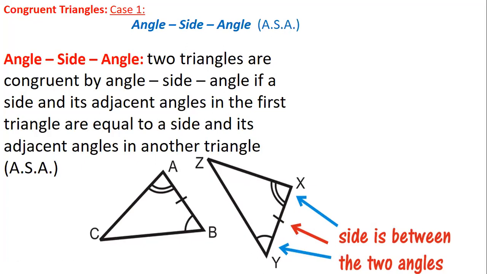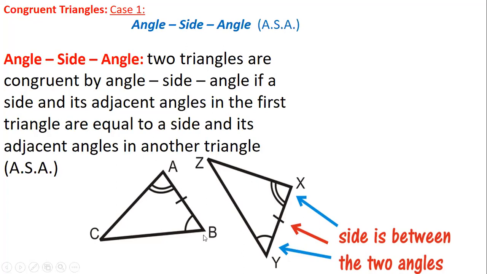Are they marked with the same mark? No. So can we use AC equal XZ? We cannot use it. Why? Because they are not marked with the same mark. But I can use AB is equal to XY because we have the same marks on both sides.